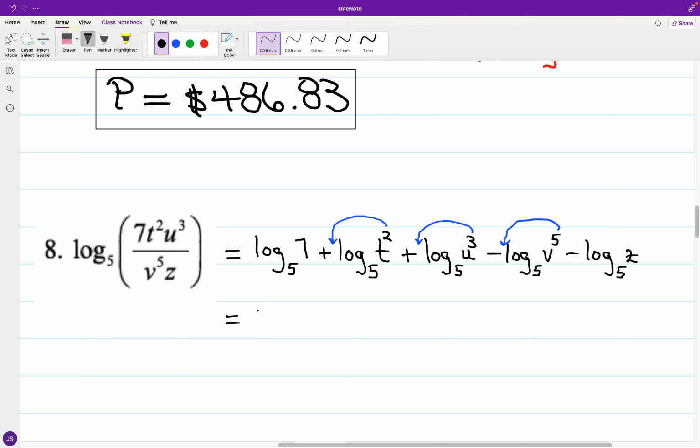So we have the base 5 logarithm of 7, plus 2 times the base 5 logarithm of t, plus 3 times the base 5 logarithm of u, minus 5 times the base 5 logarithm of v, and finally minus the base 5 logarithm of z.